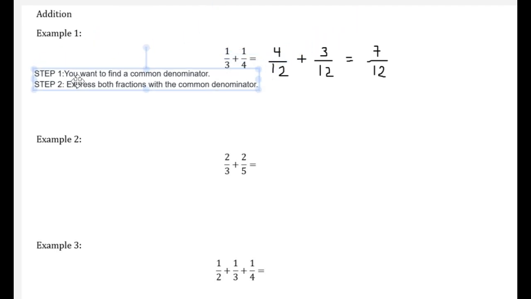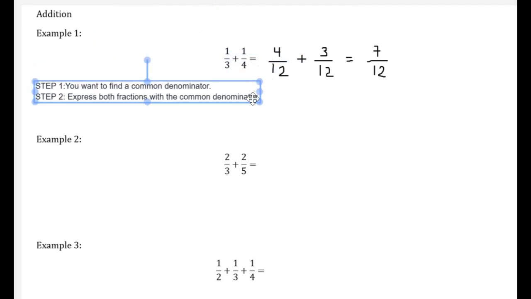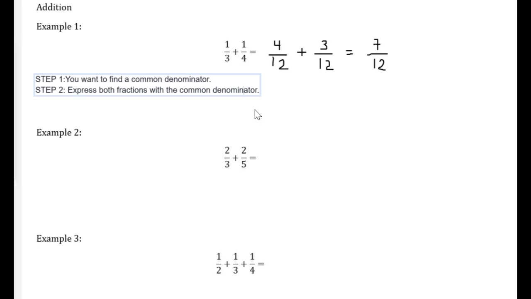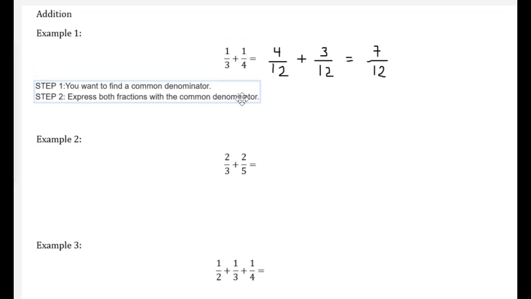So let's put this down here so we can summarize the steps. For step number 3, add the numerators and place the result over the common denominator.